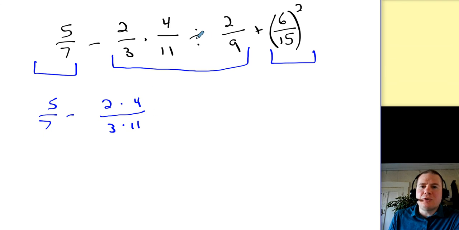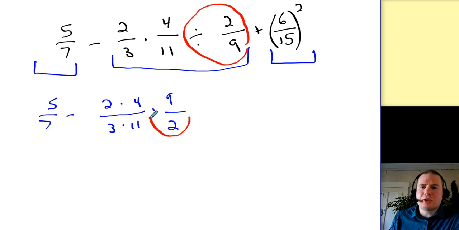Dividing by 2, I'm multiplying by its reciprocal, dividing by 2, that 2 goes on the bottom. Dividing by a 9th, that's reverse reverse, right? So dividing by 2/9 becomes times 9/2, just like minus is eventually going to be plus the opposite of this term.